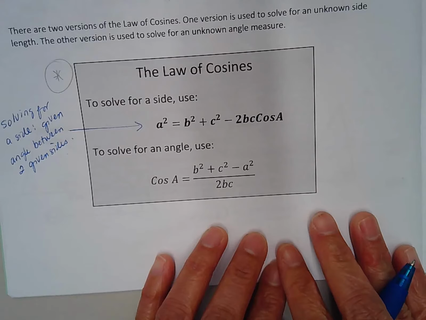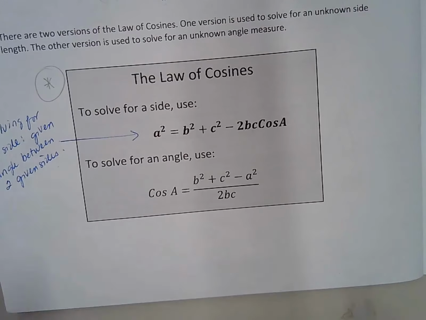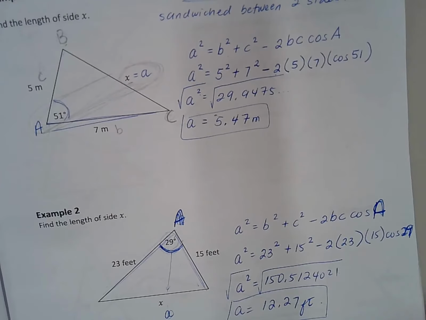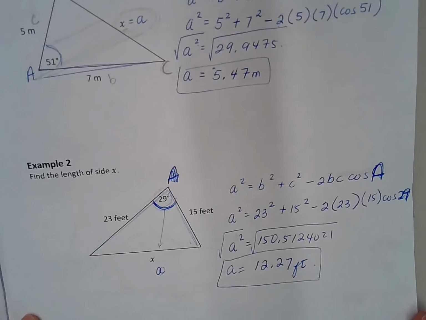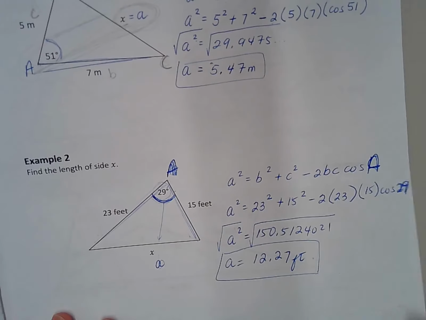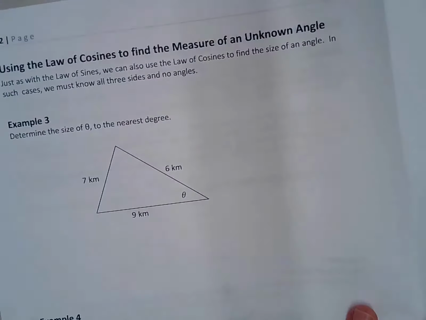So you're given an angle and then the two sides in between. That's the only thing you can do. It's not as complicated as it looks. It's pretty straightforward. Don't make it complicated. Now let's go to the next part.